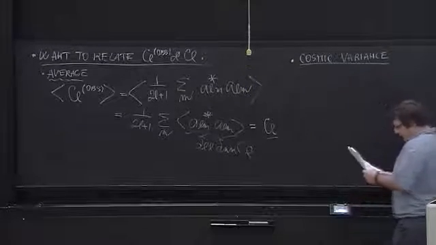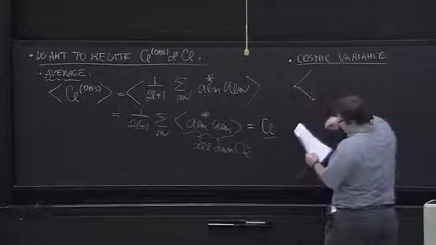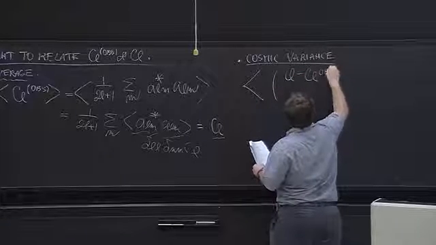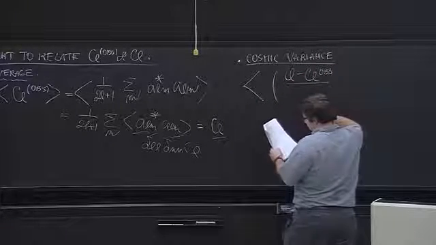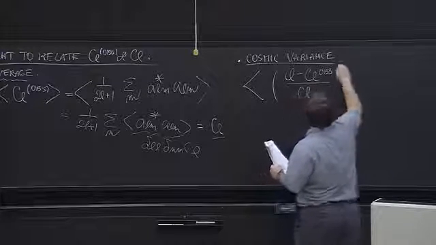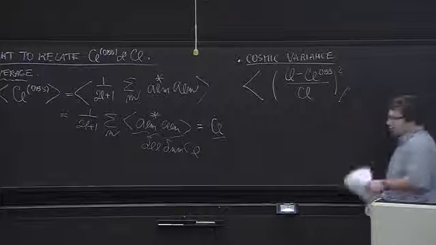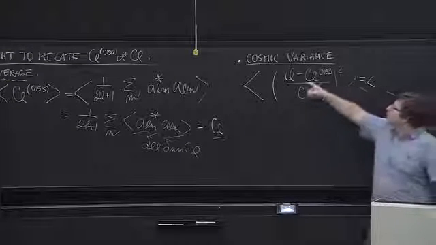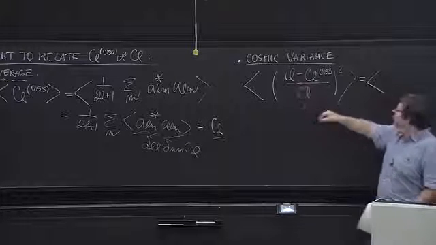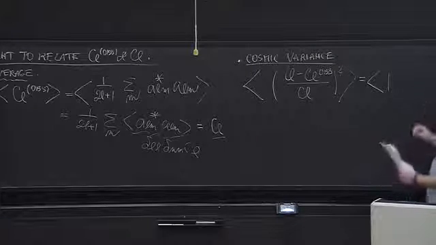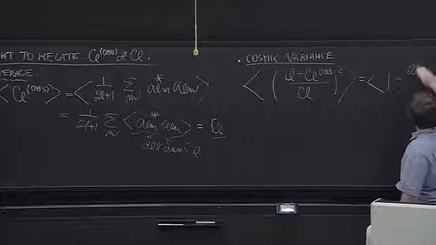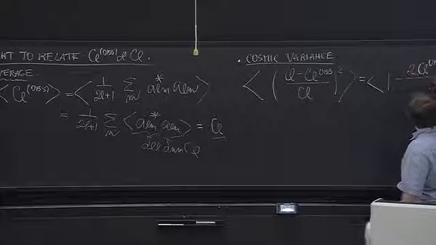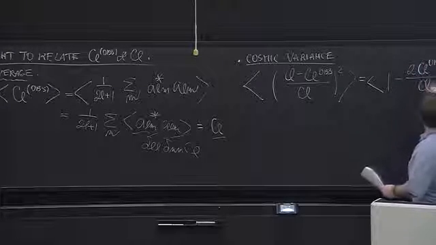So variance is that you are doing now this guy, CL minus CL observed, divided by CL square. Now this is what it is. If you calculate this guy, well, you have CL square over CL square is 1. So it's an average of 1 minus 2 CL observed divided by CL.